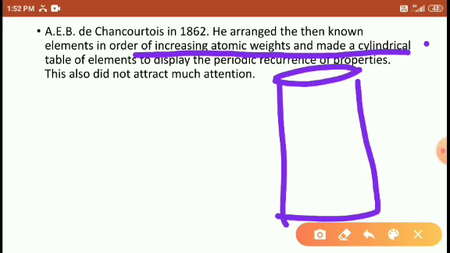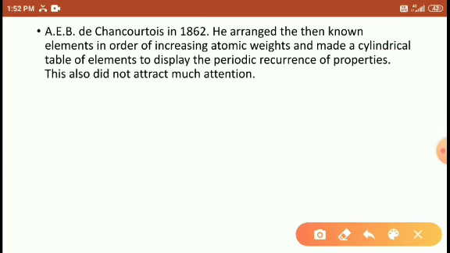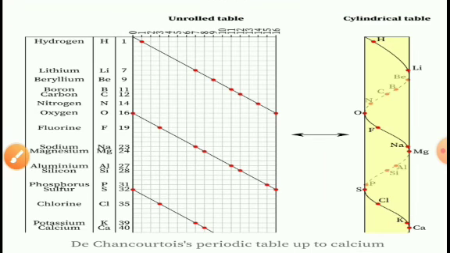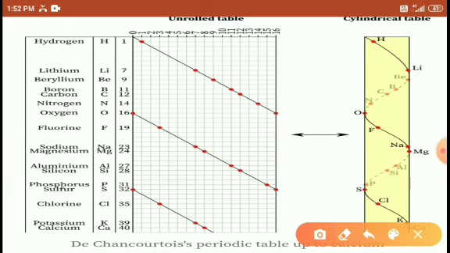In that cylinder he arranged the elements based on increasing atomic weight. The table displays recurrence of the property, but this did not attract much attention. Look here, students, he made this cylindrical table.